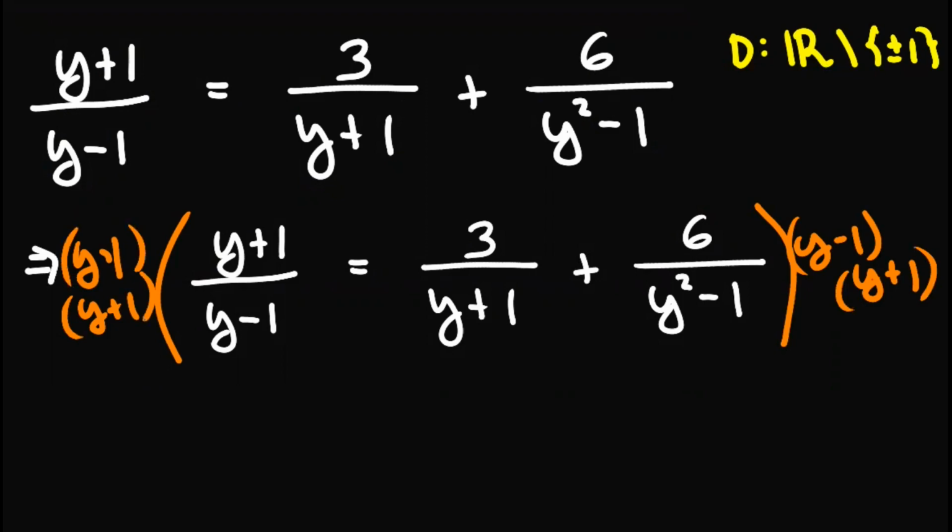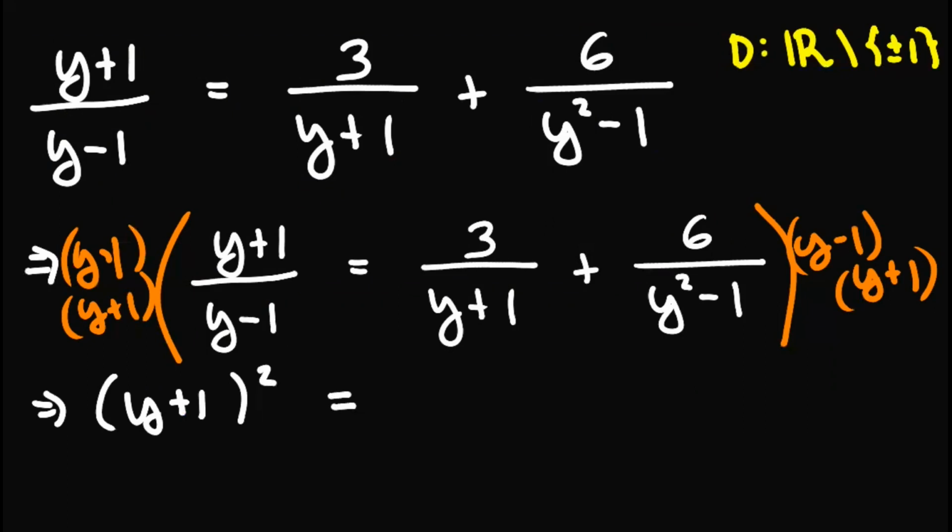So on the left side, by multiplying (y - 1)(y + 1), this one out here will cancel out and we'll be left with (y + 1)(y + 1), or (y + 1)².